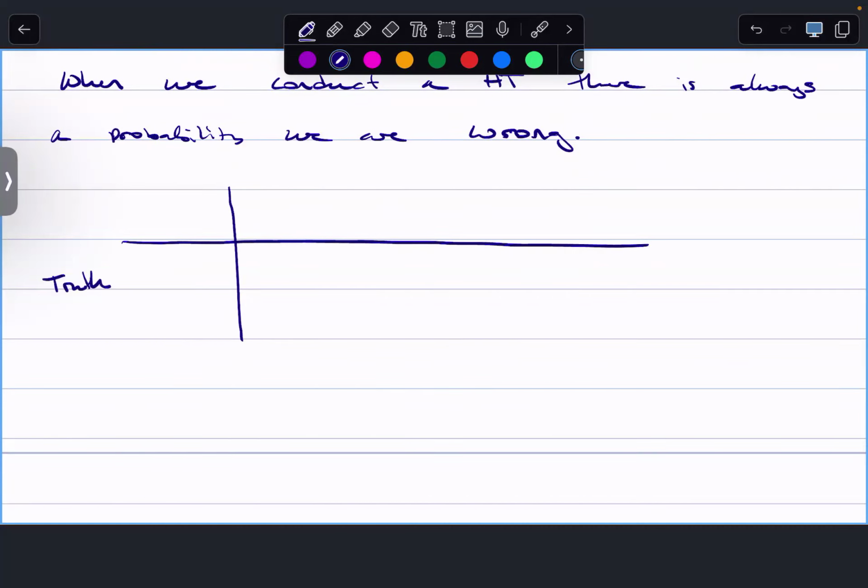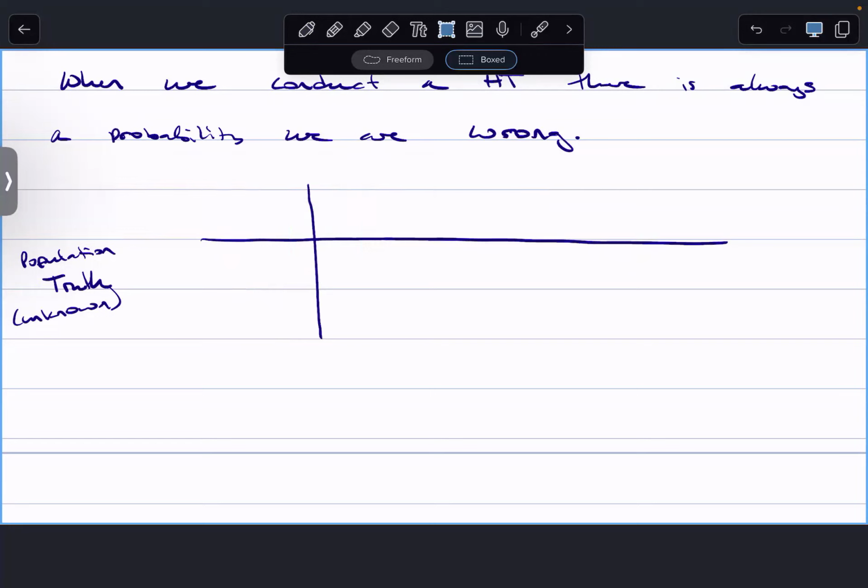Usually we do the truth, the population truth, which is unknown to us, but it exists. That's the tricky part, it exists, but we don't know what it is, and that's okay. Let me get myself a little bit more room. And also our decision, our decision based off of the p-value. What were our two decisions?